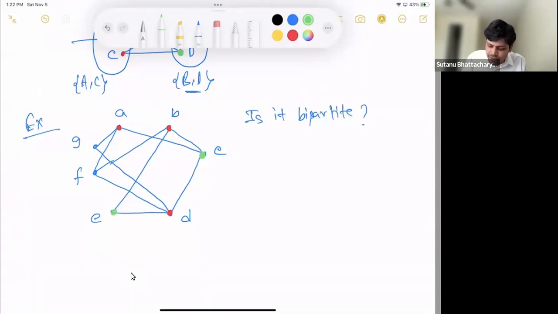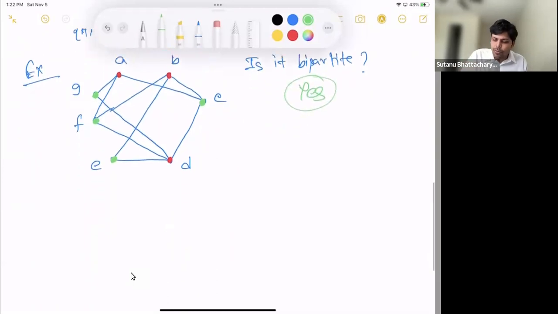There is no edge between C and E. Similarly, we can use the same green color for F, because F is not connected to C or E. Similarly, we can also use the same color for G, because G is not directly connected to F, E, or C. So we have used only two colors to color the graph where no two adjacent vertices share the same color. So the answer would be yes.